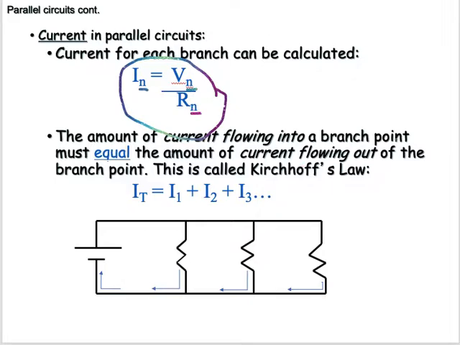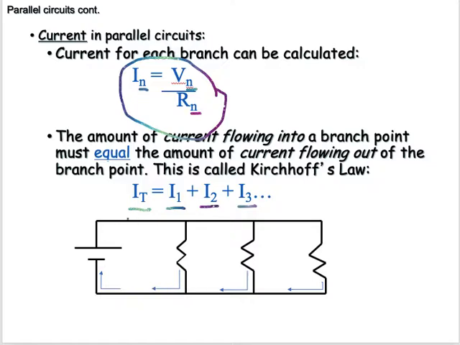The amount of current flowing into each branch has to equal the current flowing out of each branch. This is called Kirchhoff's Law, and basically it says that the total current of this system is equal to the current at branch 1 plus the current at branch 2 plus the current at branch 3.